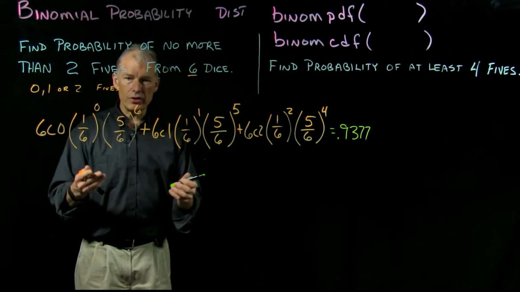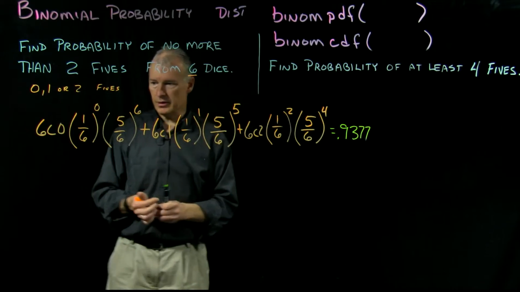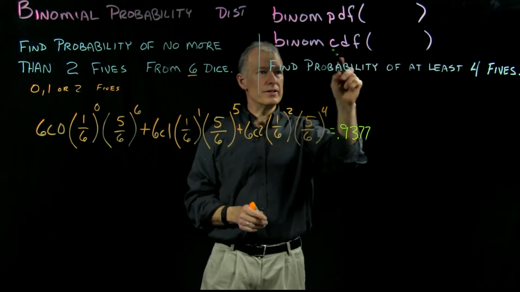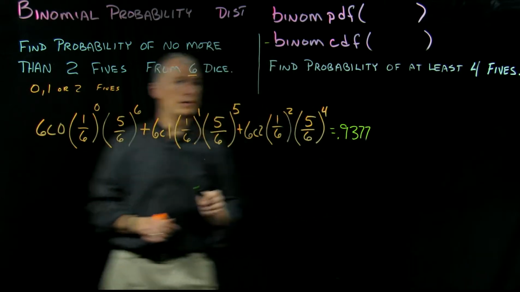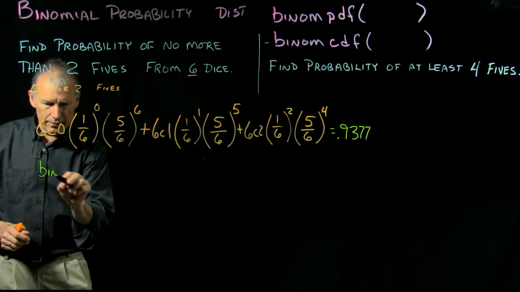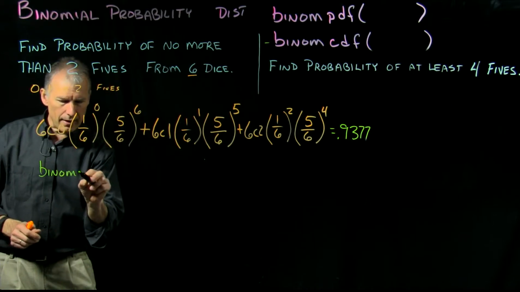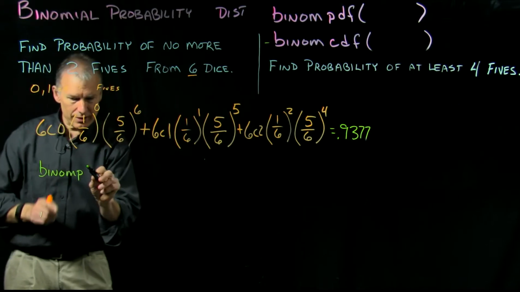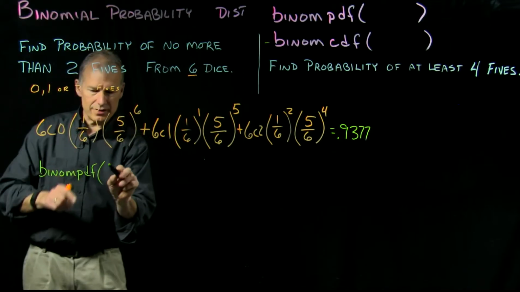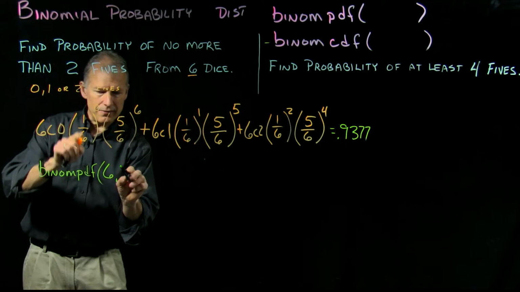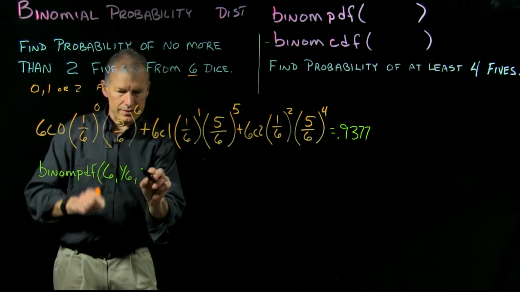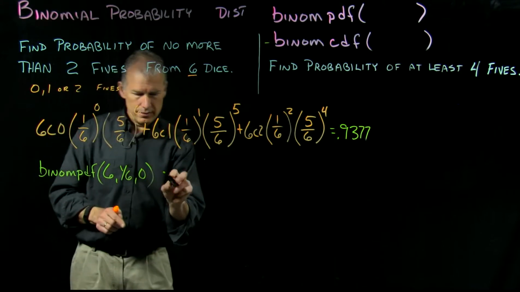But I also want to show you how you get this on your calculator. So there's 2 ways, and I'll show you both. In this case, this will be the better approach. But we could do, just for this term, binomial PDF, which will give us just this probability. We have 6 dice. The probability of getting our 5 is 1 out of 6. And this is 0.